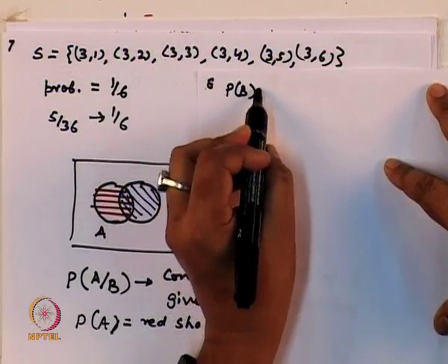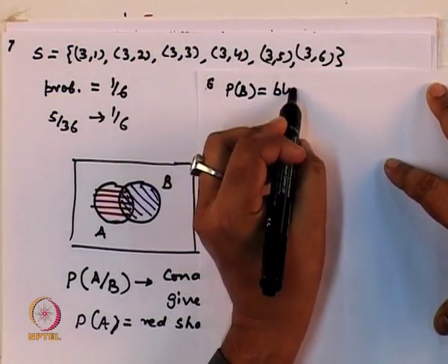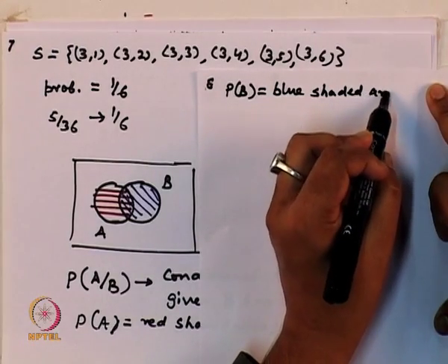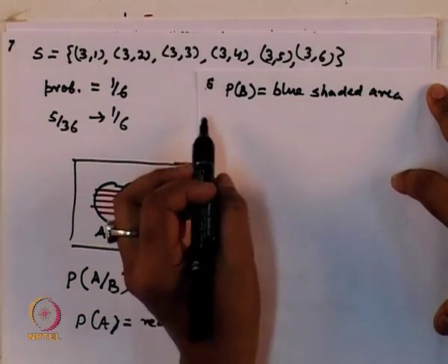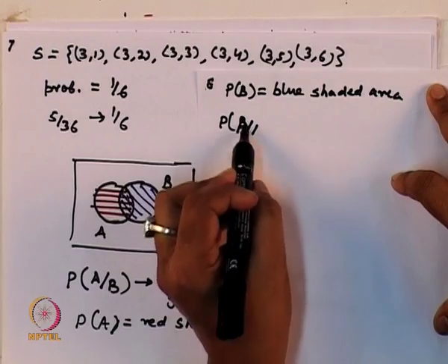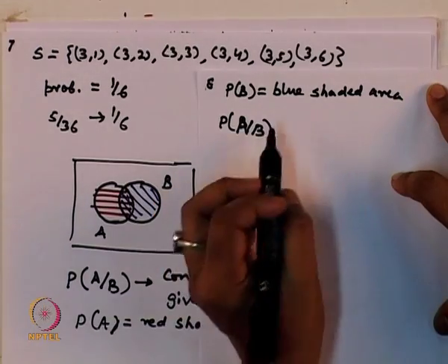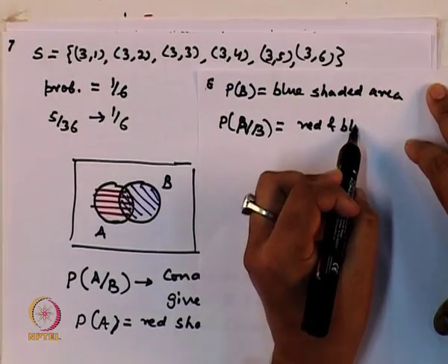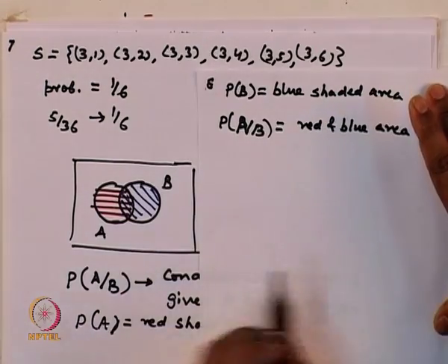Probability of B, so I can write probability of B is equal to the blue shaded area. But probability of A given B is basically the red and blue area. Okay.